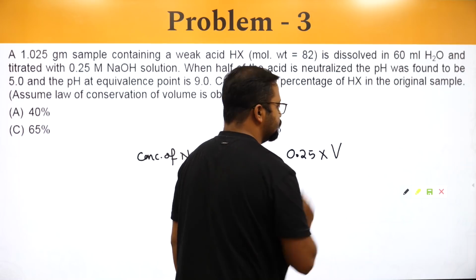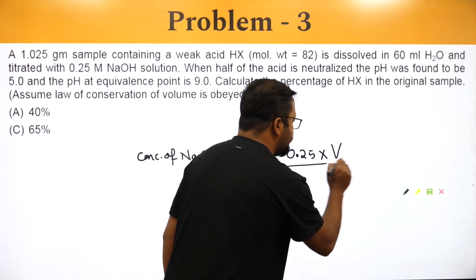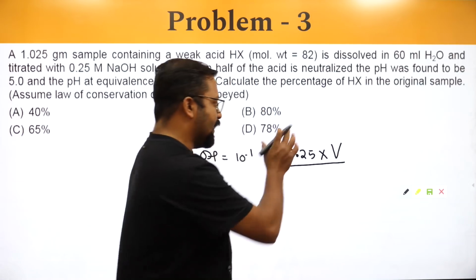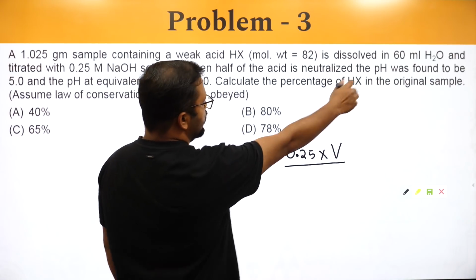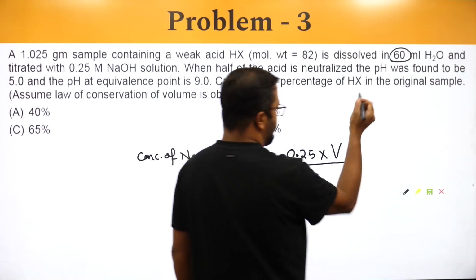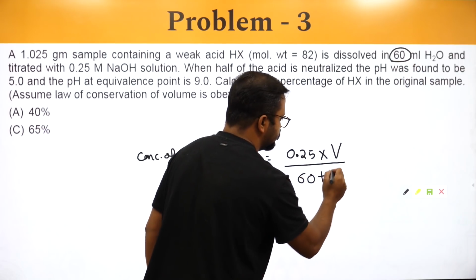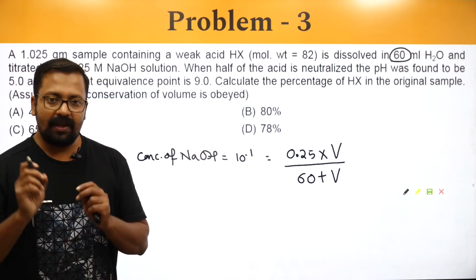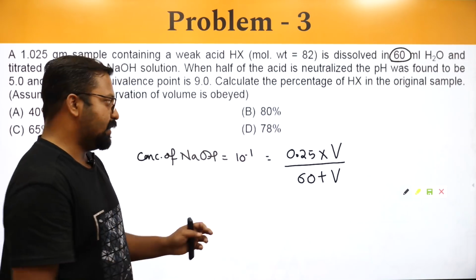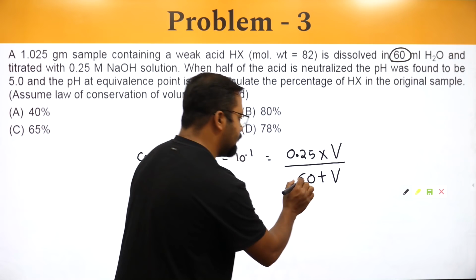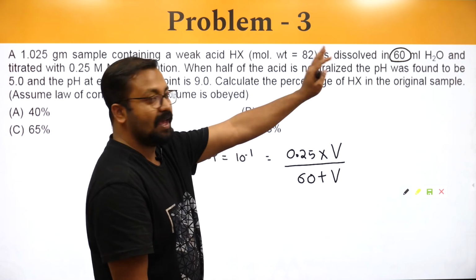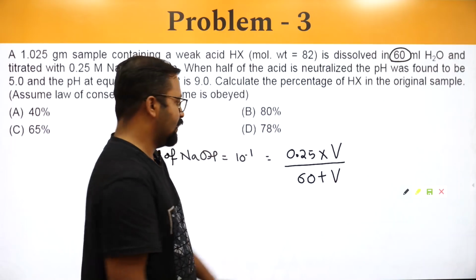Let's say that be V. इतना मिलीमोल्स आपने लिया, but this millimole is present in the total volume which is 60 plus V. Total millimoles of NaOH which will be added is 0.25 times V, but these number of millimoles are present in 60 plus V volume because 60 ml water पहले से present है.